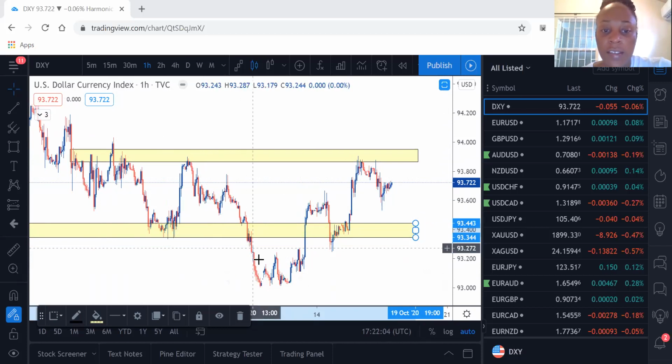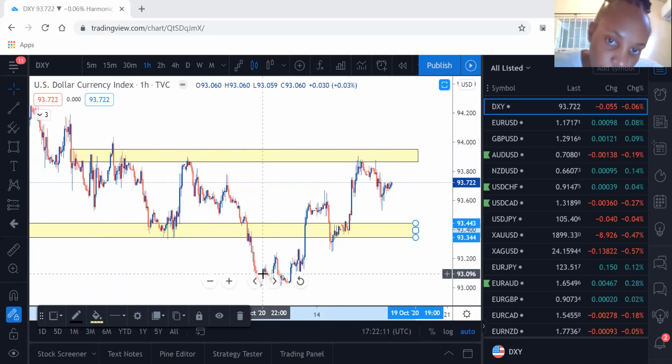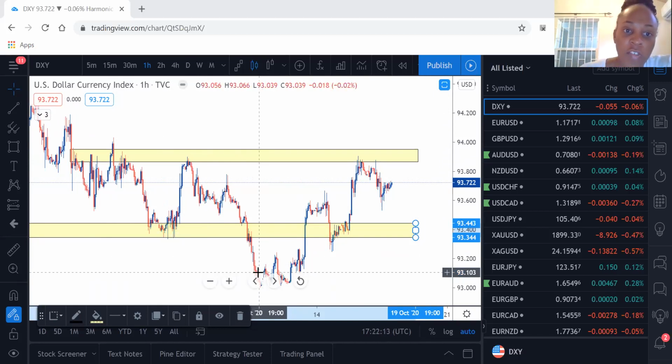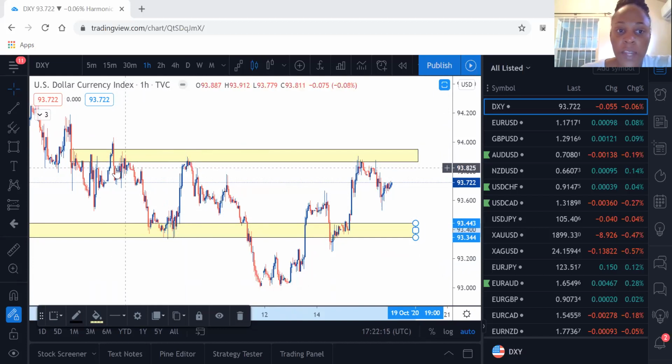Then I see this, what I want to then validate is 100% retracement of my head. So 100% retracement would mean that it comes back up here to where my head would have possibly started, which would also be the resistance of my scoop.